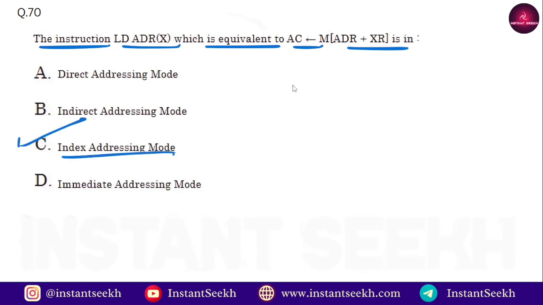Basically, in index addressing mode, the effective address of the operand is generated by adding a constant value, that is ADR, to the contents of the index register. This XR is the index register.